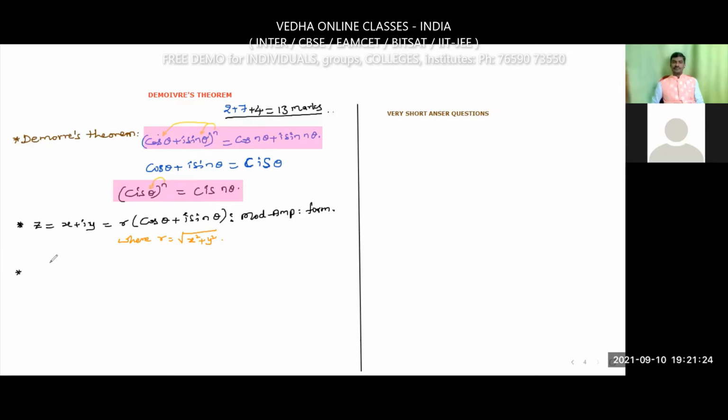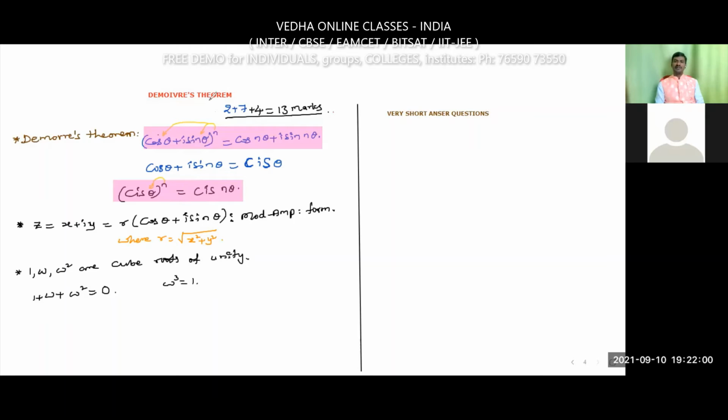We also use, repeatedly, the concept of cube roots of unity: 1, omega, omega square are the cube roots of unity. Frequently, again and again, we use this. Related to this we use the formula 1 plus omega plus omega square is equal to 0, and one more, omega cube is equal to 1.